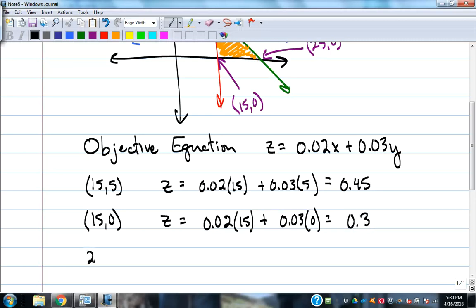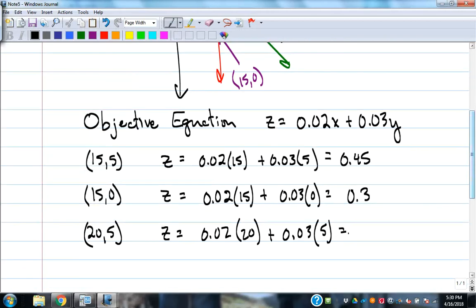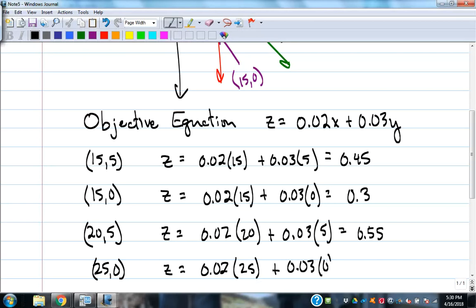And then 0.02 times 20 plus 0.03 times 5, 0.40 plus 0.15 is 0.55, and then 25, 0 is the other ordered pair. So I'm getting every corner of that constraint polygon, is what they call that. So 25, 0.03 times 0. So that would be 0.50.